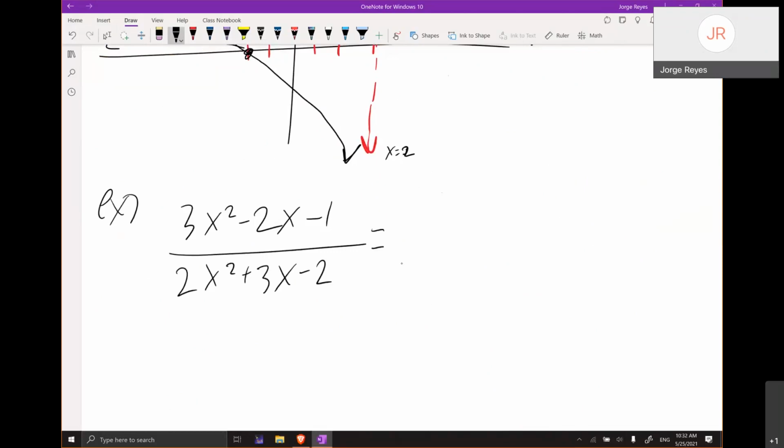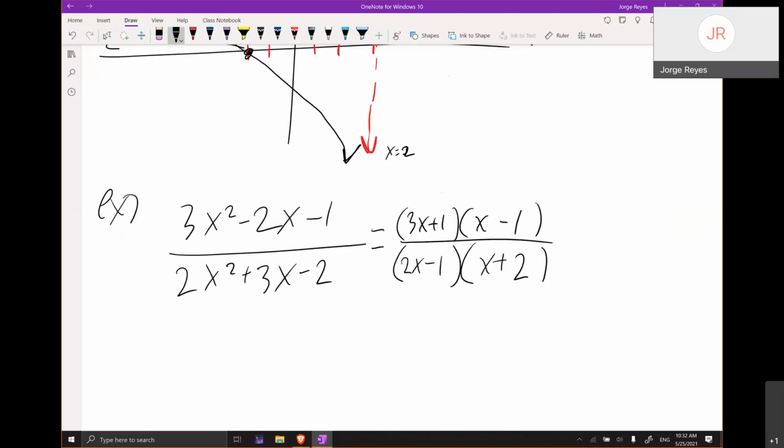All right, so step 1 is you probably want to factor everything, and hopefully it does factor. So if you factor the top, stare at it, you're gonna get 3x plus 1 and x minus 1. If you factor the bottom, you're gonna get 2x minus 1 and x plus 2.